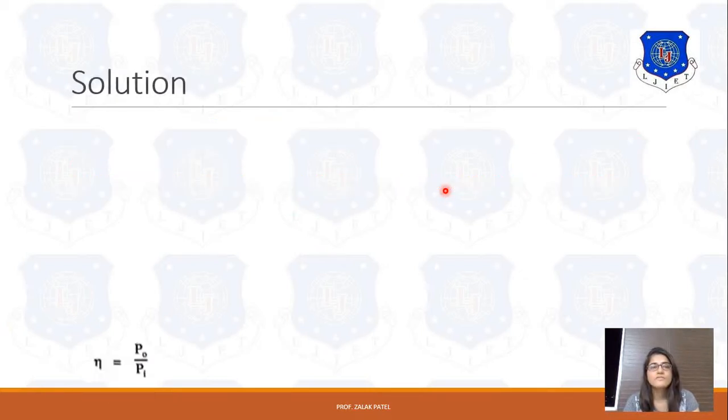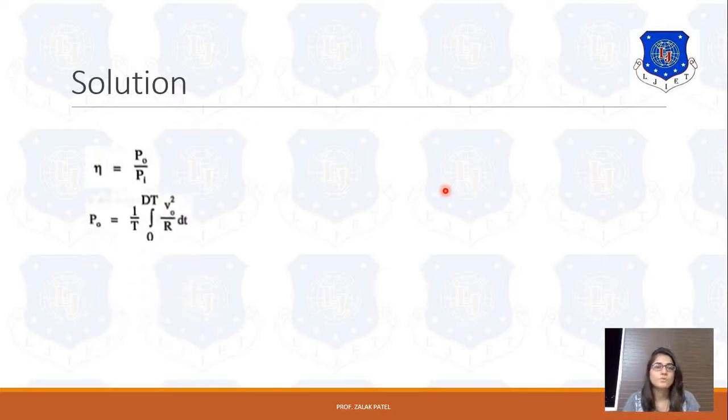Chopper efficiency is denoted by eta and it is given by the output power upon input power. So let's first find out the output power.